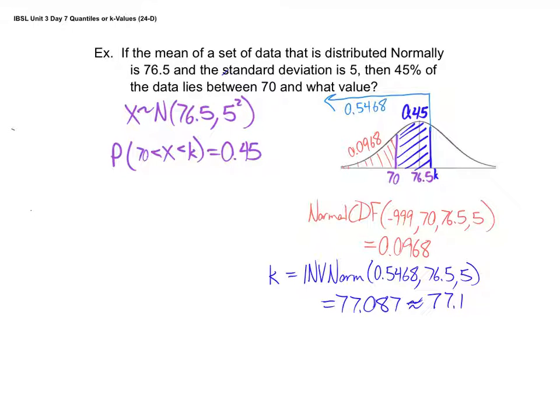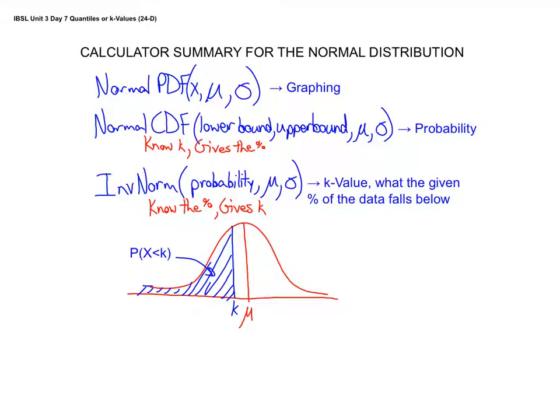So that's our idea here. That's what we've got to be able to work through. We've got different calculator functions that you've got to be able to know, and this might be a slide that you come back to. Normal PDF is for graphing. When are we ever asked to graph these accurately? Never. You're asked to sketch them, but you don't need to use normal PDF to make a sketch. Normal CDF is when you know the score, or you could say you know the K, and it's going to give you the percent.